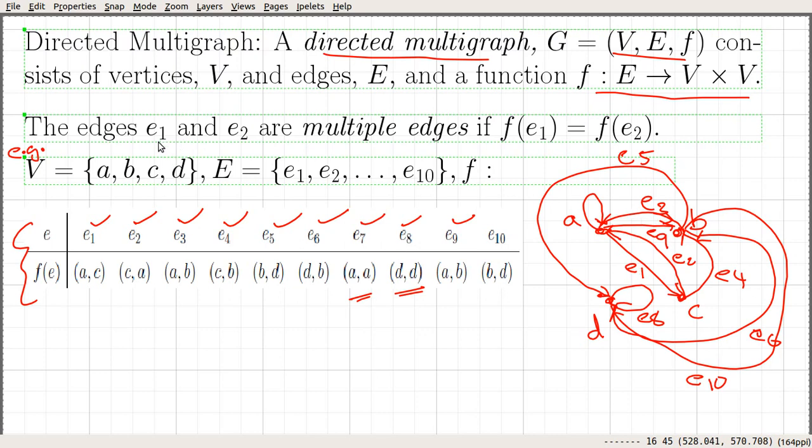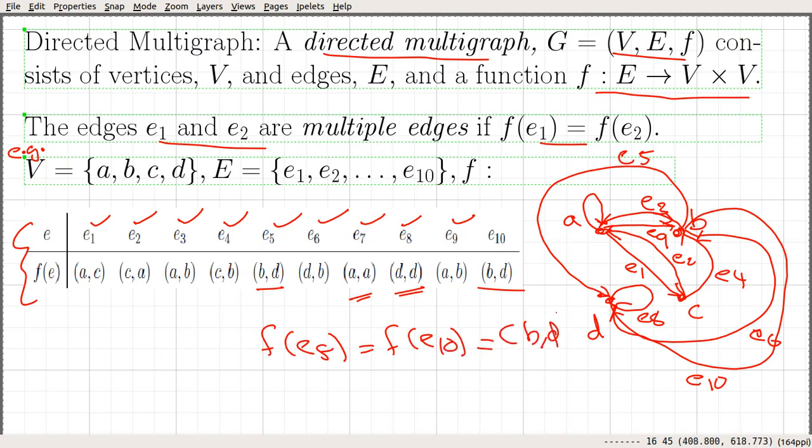So here the edges E1 and E2 are multiple edges if they satisfy this condition. If f of E1 equals f of E2, that corresponds to a multiple edge in a directed multigraph. Okay, so here we can see that f of E5 is equal to f of E10, which is equal to BD.